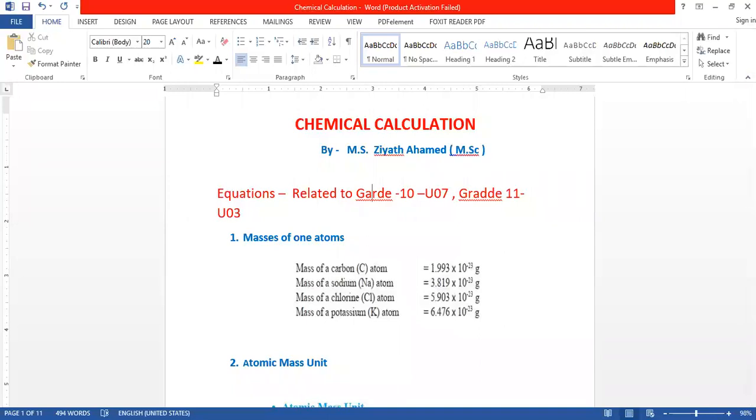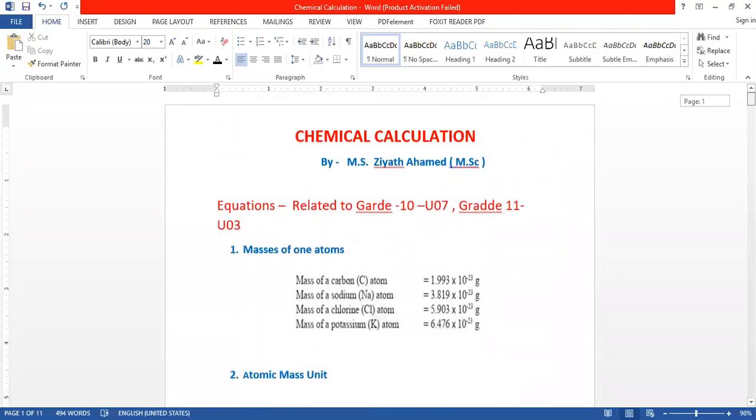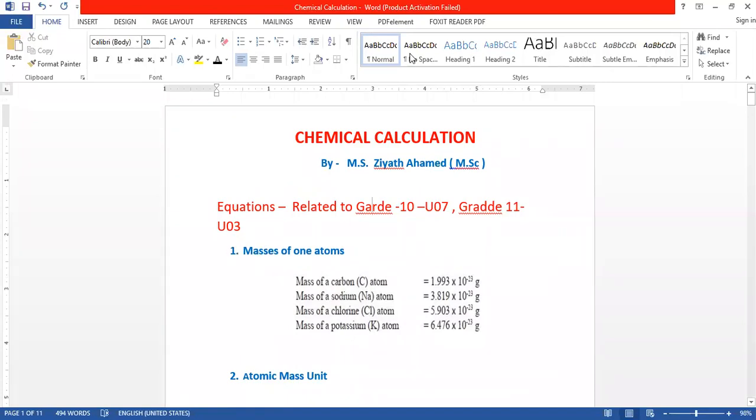Before I start, you must know some of the terms in this class. I could go straight to question types, but this is very important so you can easily understand. You must know the masses. You know the different types of atoms or elements: hydrogen, helium, lithium, beryllium, boron, carbon, nitrogen, oxygen, fluorine, neon, sodium, something like that.